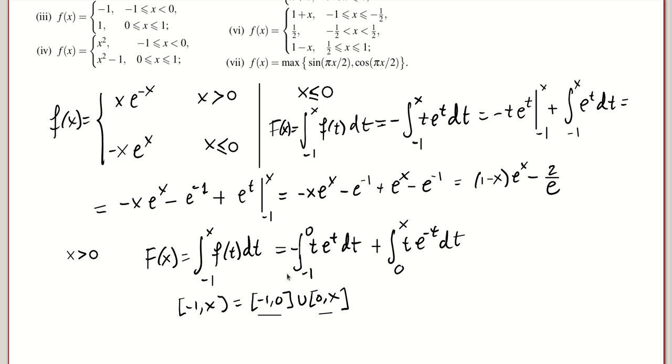The calculation of this is just substituting 0 in this expression here. So if we do that, this is 1, this is 0, so this is just 1. So we get 1 minus 2 over e. So we just have to integrate this one, and we do this by parts.